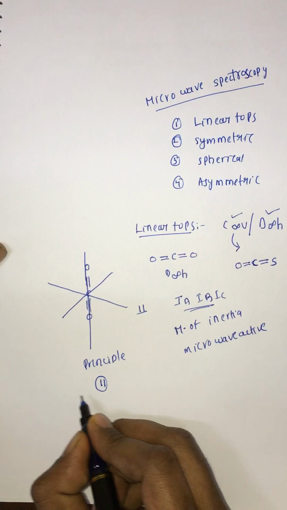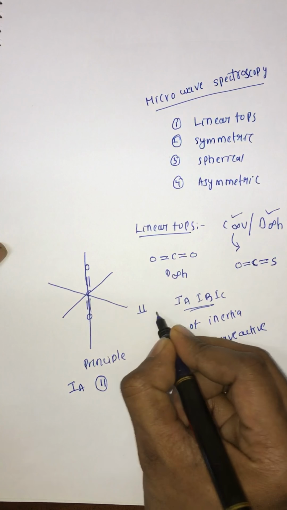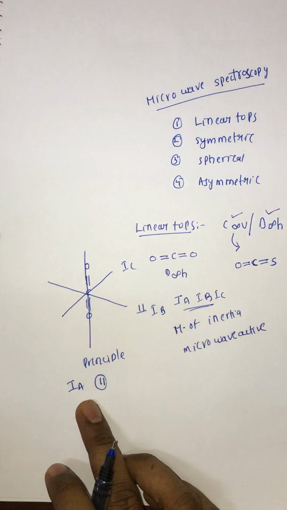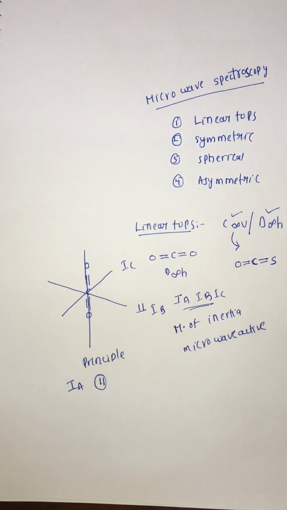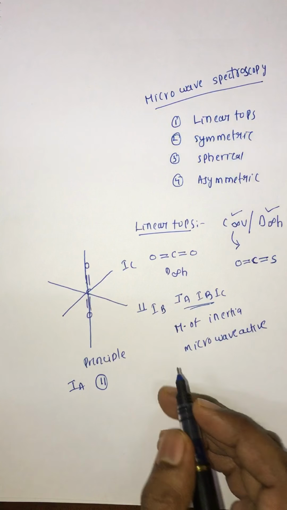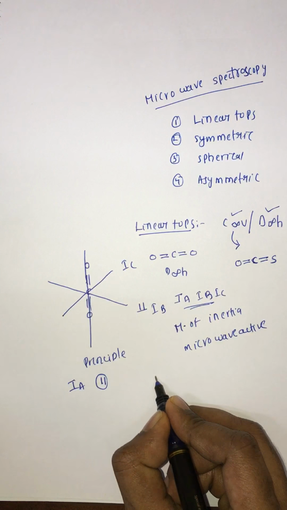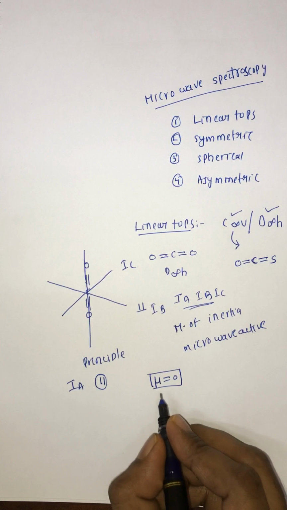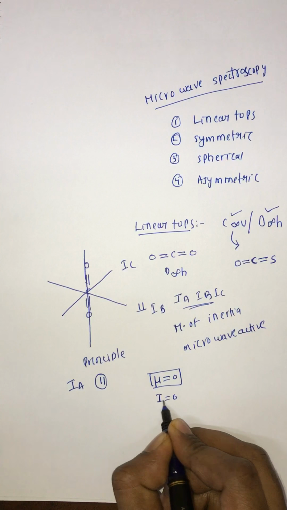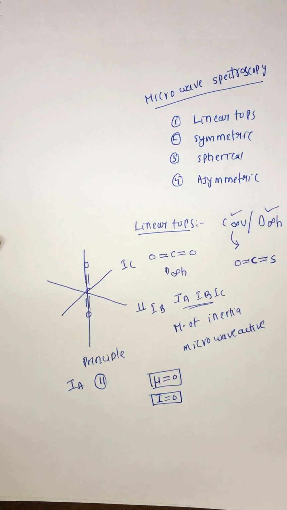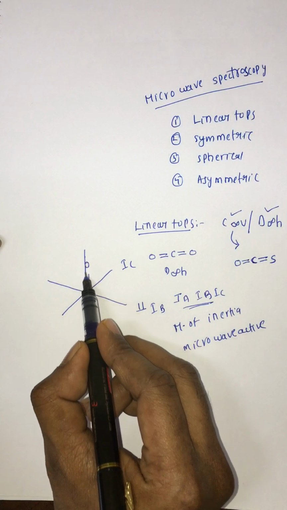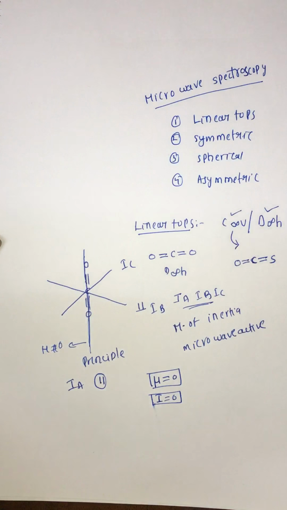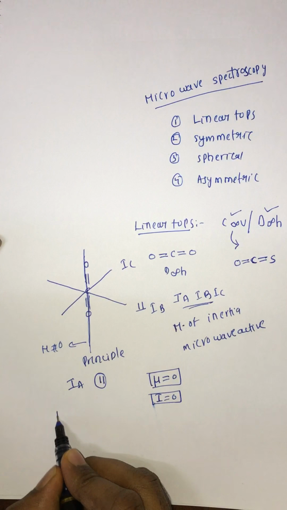Imagine that these are IA, IB and IC, or we can say A axis, B axis and C axis. In a linear molecule, as we know, the dipole moment along the molecular axis is 0. If the dipole moment is 0, the moment of inertia also is 0. So along this axis, which is the linear one, IA will be 0.